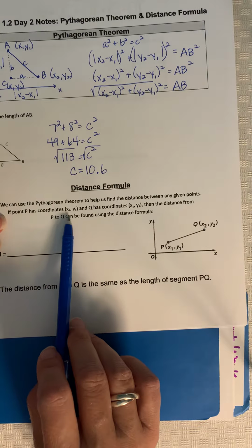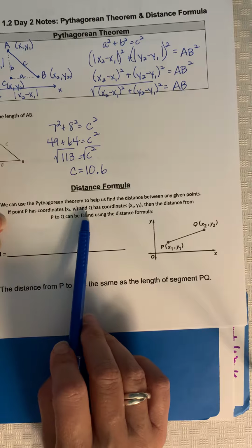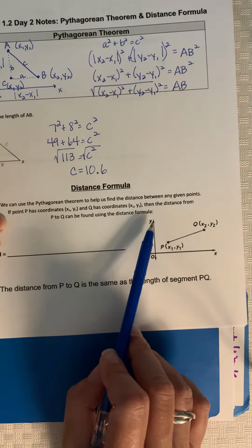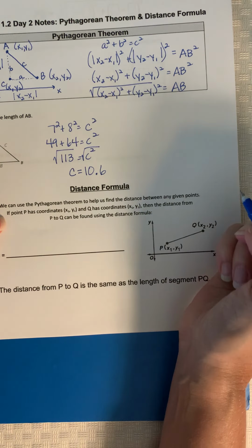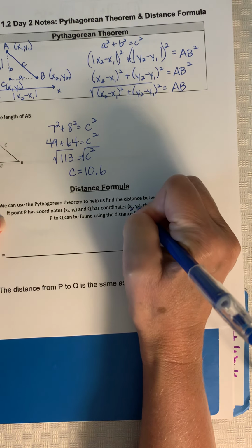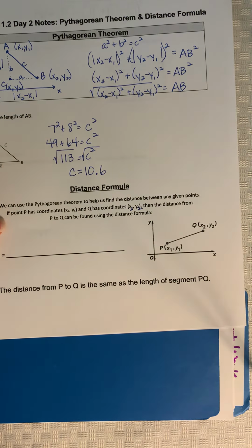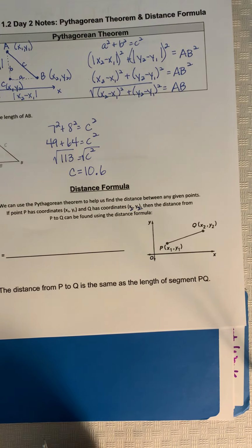So if point P has the coordinates x1, y1, and Q has the coordinates x2, y2, then the distance from P to Q can be found using the distance formula.